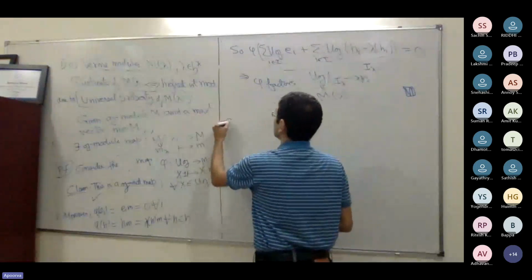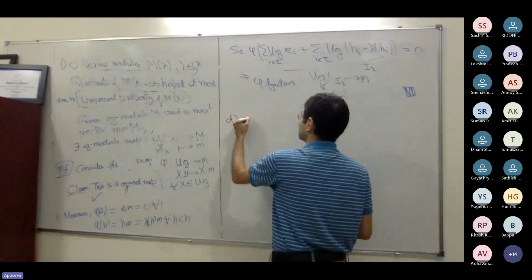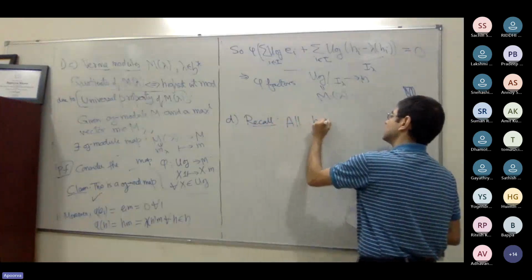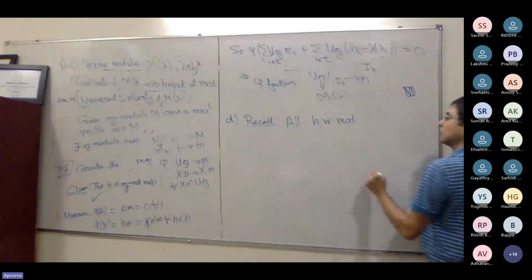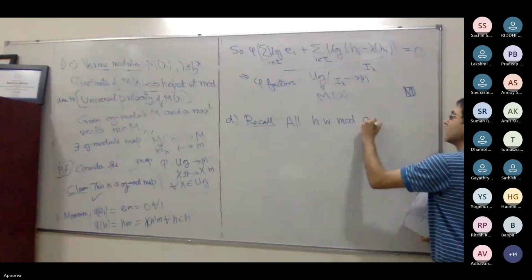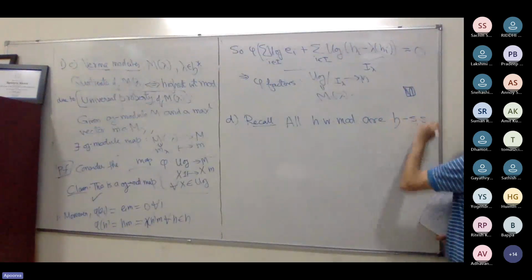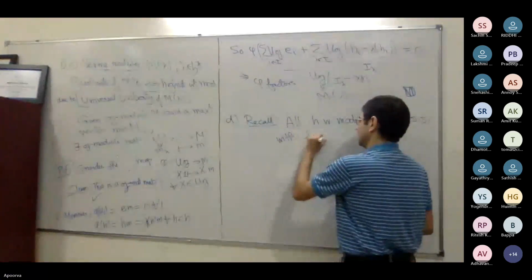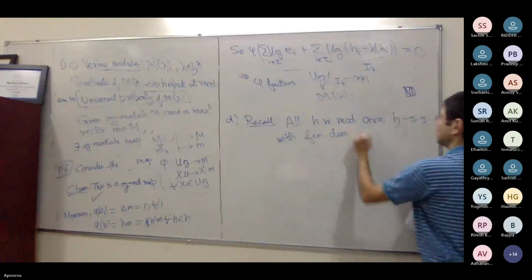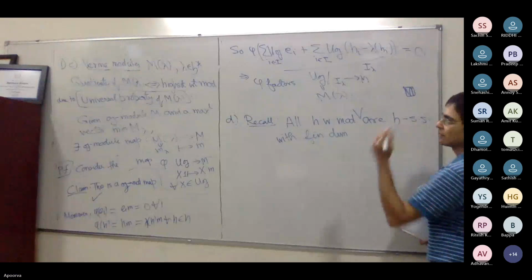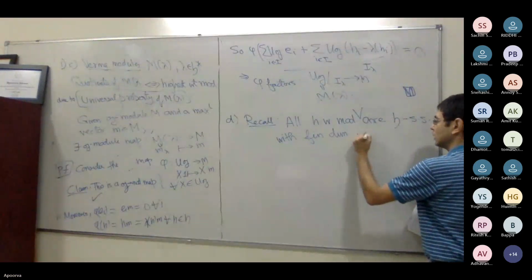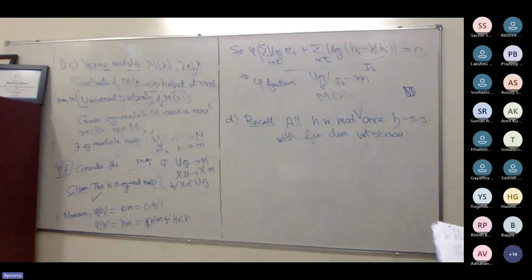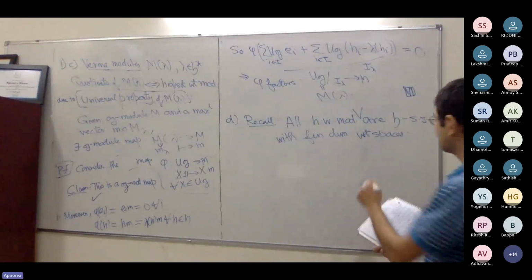So that was one. So from last time again, recall all highest weight modules. Highest weight modules are H semi-simple with finite dimensional weight spaces. Let's call it V. So what do I mean?